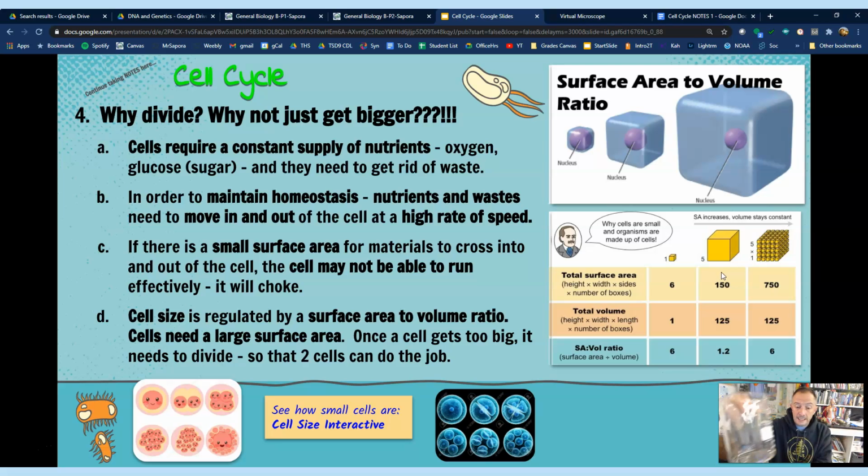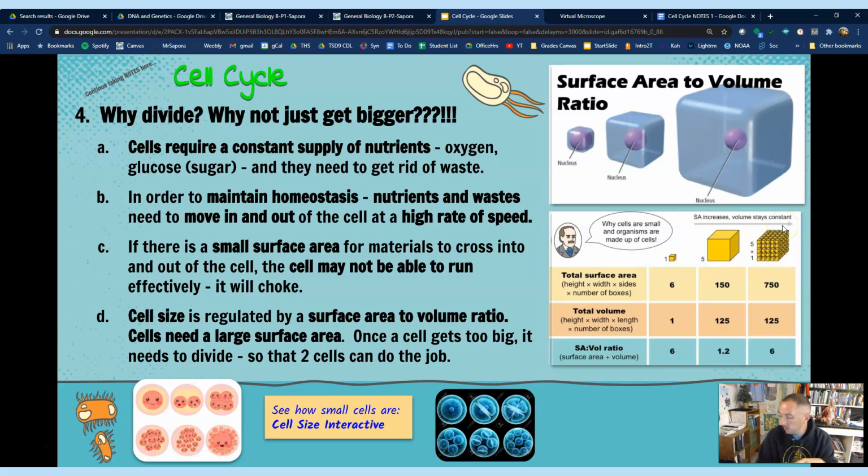Now, if we go real big, if you're something in the middle here, a tiny little thing, whatever's on the outside has a long ways to go to get to you, and there's a lot of volume in here, not nearly as much surface area on this one. So the bigger you are, the more volume you have, the more you can carry on the inside, and the less surface area to volume you have.